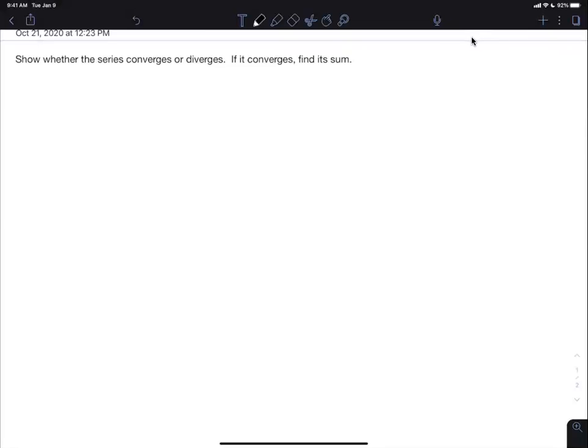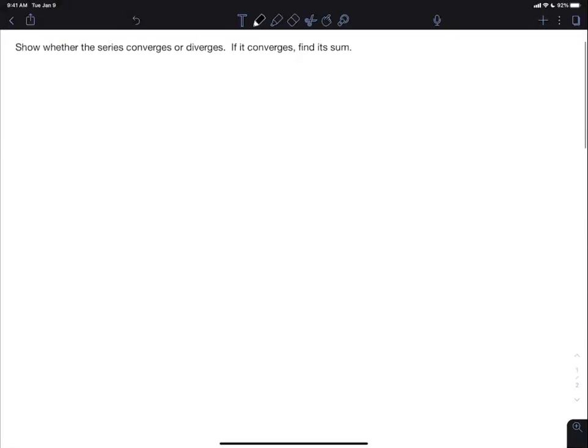So the directions for the standard problems at this point are: show whether the series converges or diverges, and if it converges, find its sum. What we have focused on so far is geometric series.